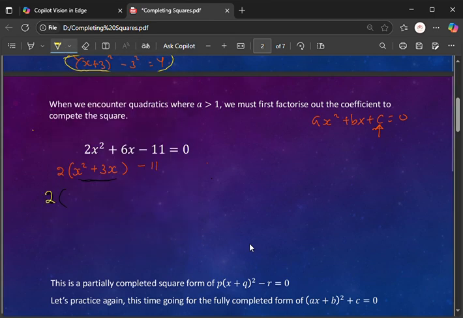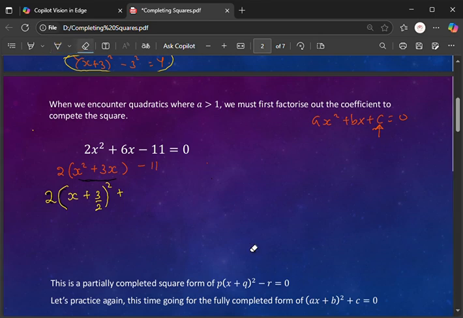So 2 into, let's halve, so this will be x plus 3 over 2. Remember, after that we square them just like what we've been doing. So now here I'll put plus, wait, no, not plus.